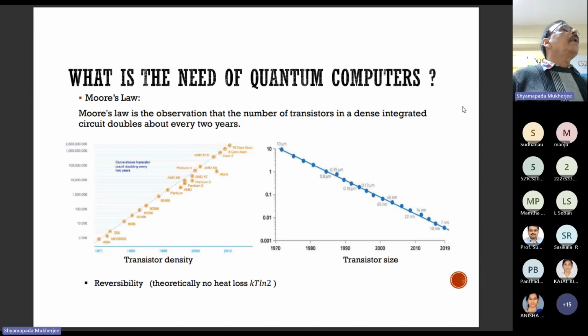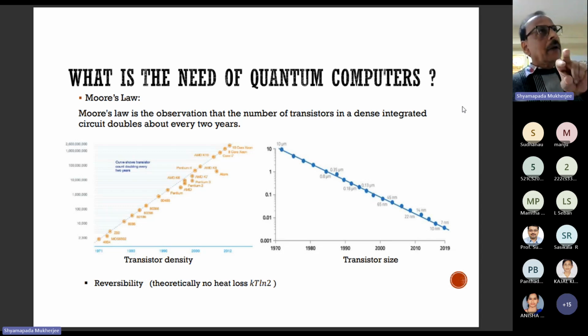What do we mean by a reversible gate? A reversible gate is one where, given some input and the output you get, you can predict the input from the output. In the NOT gate, the smallest unit of information in classical computation is the bit, 1 or 0. If 1 is input, you get 0 as output, and if 0 is input, you get 1.